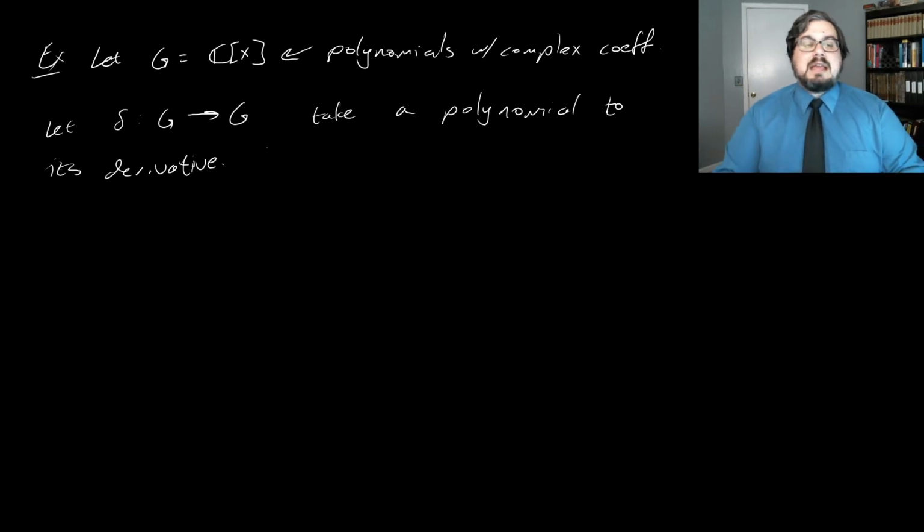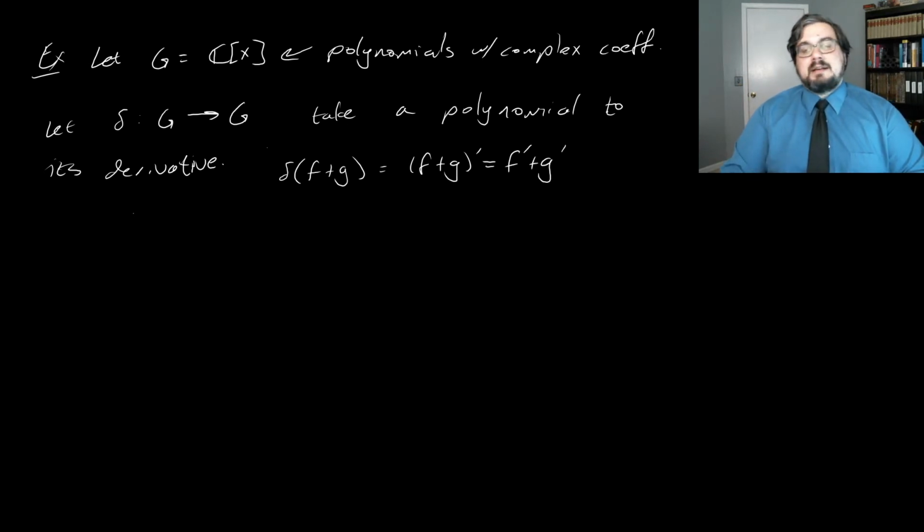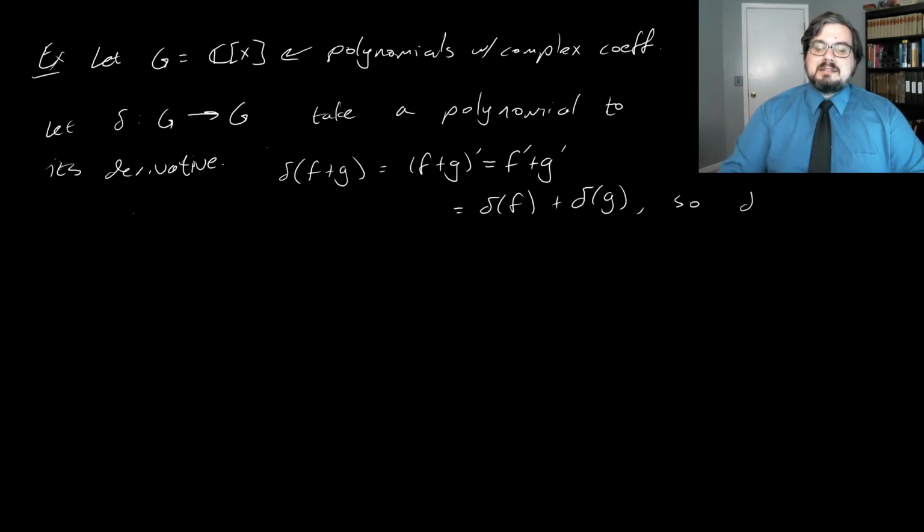So we can look at some things about this function. First of all, we have that delta of f plus g is equal to (f plus g) prime, which we know from calculus is equal to f prime plus g prime, because the derivative of a sum is the sum of the derivatives, which gives us delta of f plus delta of g, which means that delta is a homomorphism.